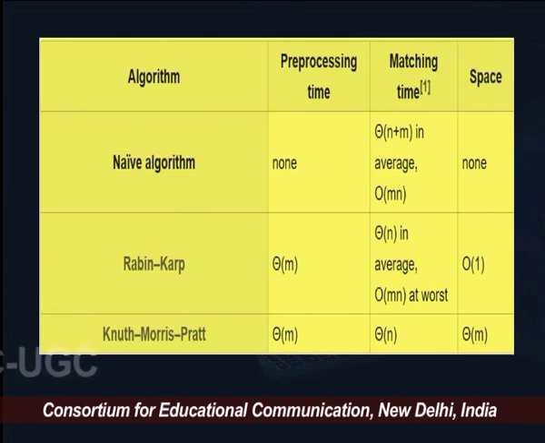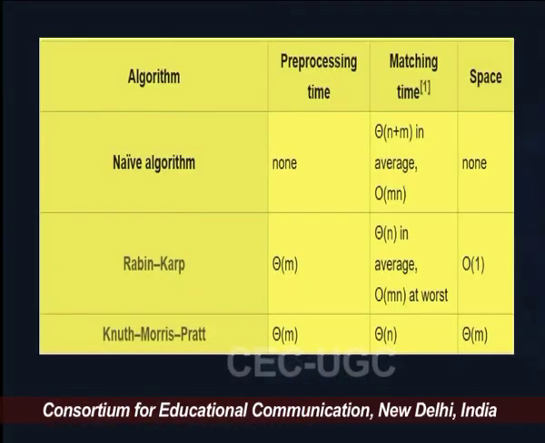If we look into the time complexity and the space complexity of these, that is given here in the table. But before that, one more column is present in this table, which is known as pre-processing time. Pre-processing time is something which is to be invested or accounted for before getting into the actual algorithm, and it is spent only once for the whole algorithm or for multiple runs of the algorithm.